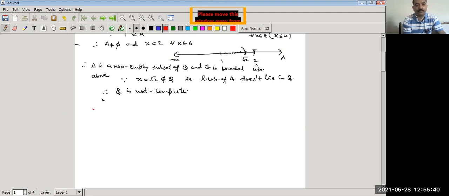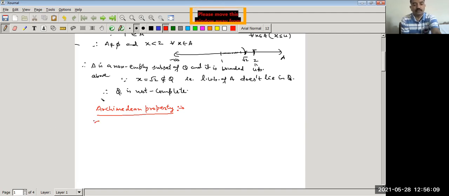Now we talk about the Archimedean property. This is a very important part of real analysis, and it is a very useful concept which we use in real analysis.